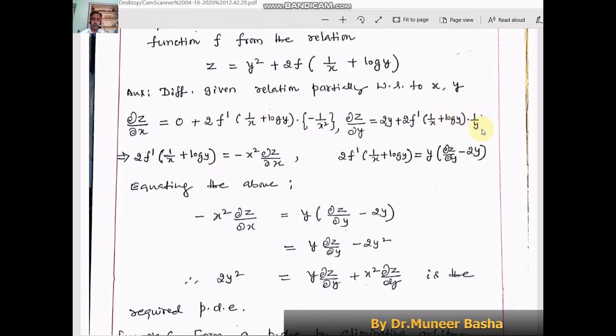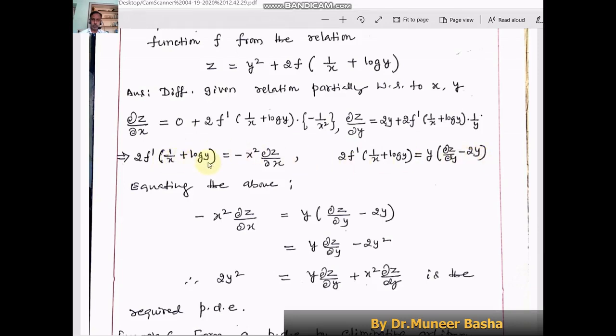So we can observe here there are two similar terms, 2 into f dash function. Separate them. 2 into f dash of this term is equal to minus x square dou z by dou x from the above equation, and from this equation, 2 into f dash of 1 by x plus log y is equal to y into dou z by dou y minus 2y.